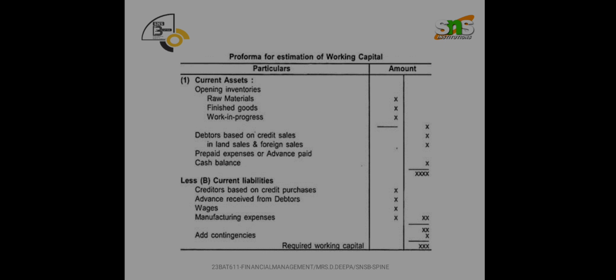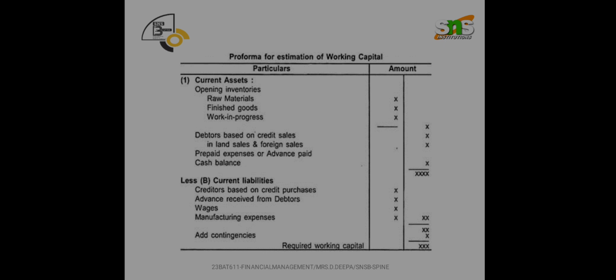Then what about current liabilities? Current liabilities are amounts we are liable to pay to someone else. If bills receivable come under current assets, then bills payable will be under current liabilities. If debtors are under current assets, then creditors will be on the current liabilities side.